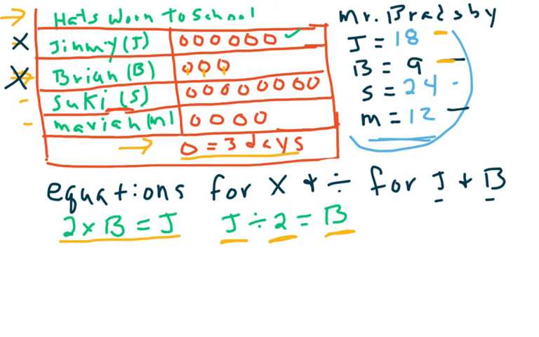We could also ask, how many more books did Jimmy have than Mariah? How many more did Suki have than Jimmy? So we could do things like that. Those are the type of questions you could ask off this graph, and we could find the answers to those. So the picture tells you a lot. A lot of times, like we did here with Jimmy and Brian, we can see that Jimmy has twice as many. The relationship in multiplication is twice as many.